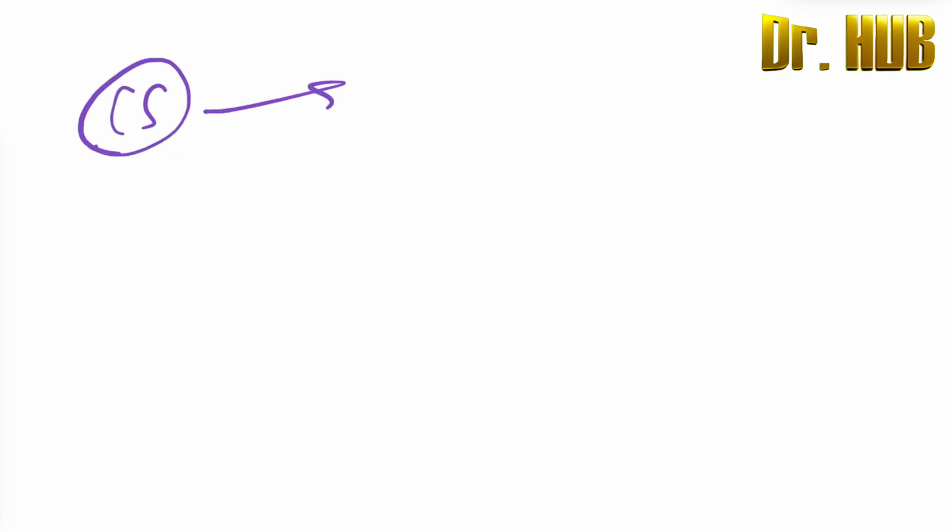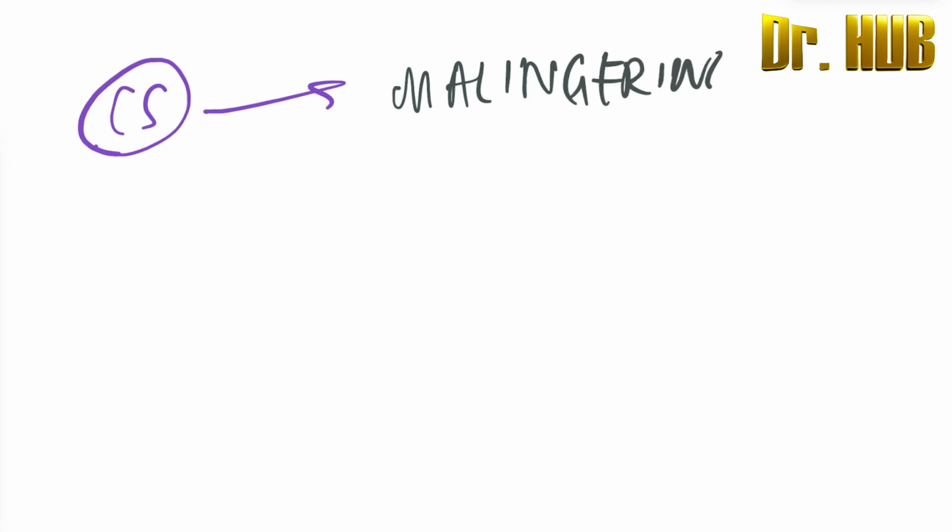Now what is the CS, the clinical significance? It can identify malingering. Next, it differentiates cochlear and retrocochlear (RC) hearing loss.